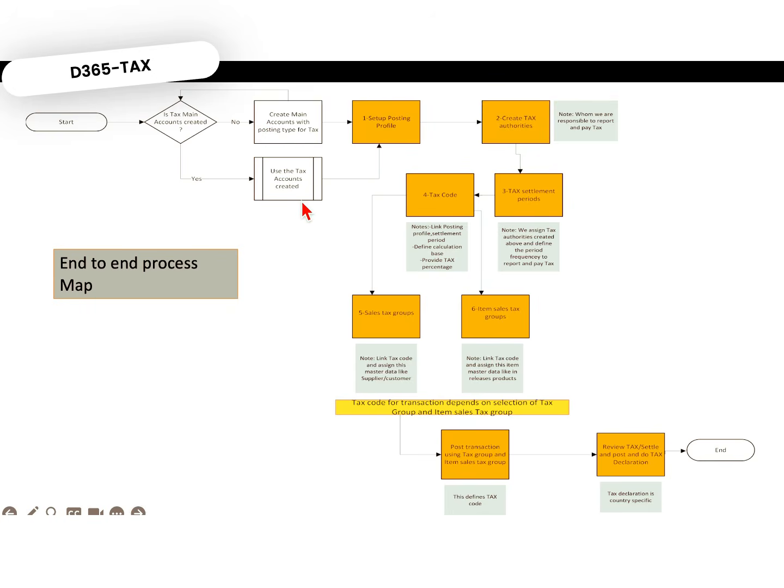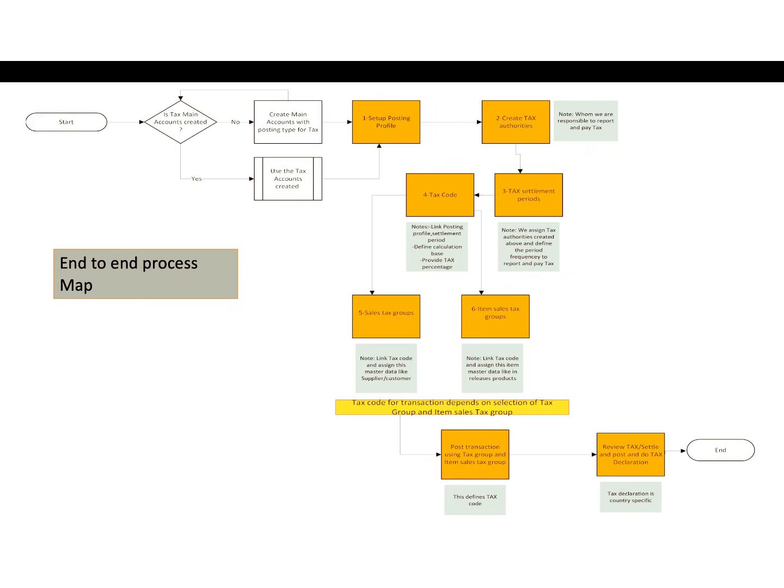Then you can start creating the posting profile, where you use all the accounts, like the receivable account and the sales tax payable account. Once this is done, the second step is to create a tax authority, which is where you report and pay the tax.